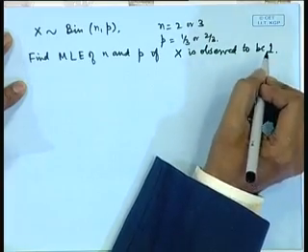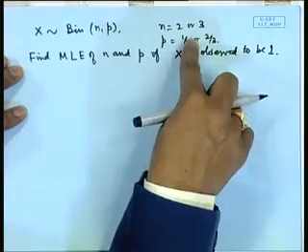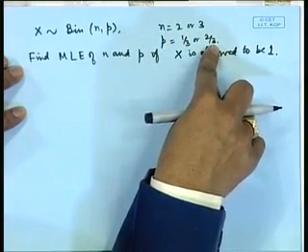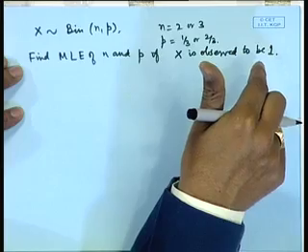Now, this is the situation where we actually write down the values of the likelihood function at each of these parameter values, that is n is equal to 2, p is equal to 1 by 3, n is equal to 2, p is equal to 2 by 3, etcetera, and then see which one is the largest.